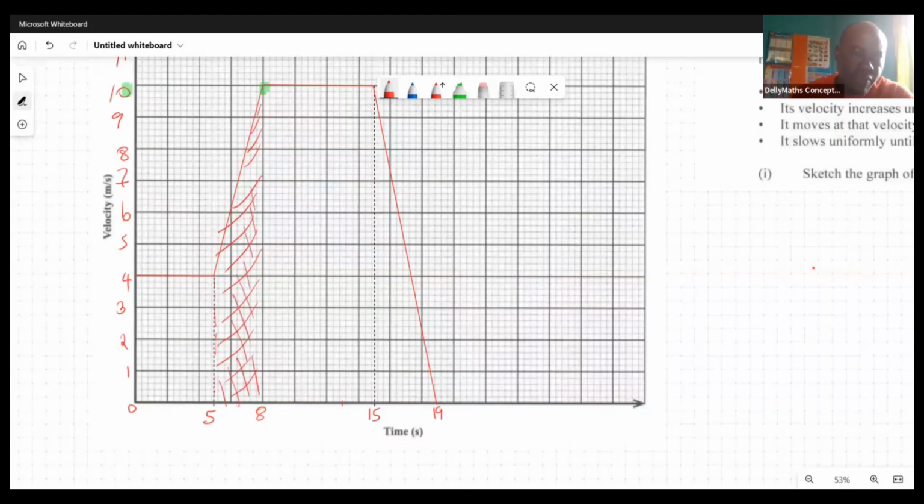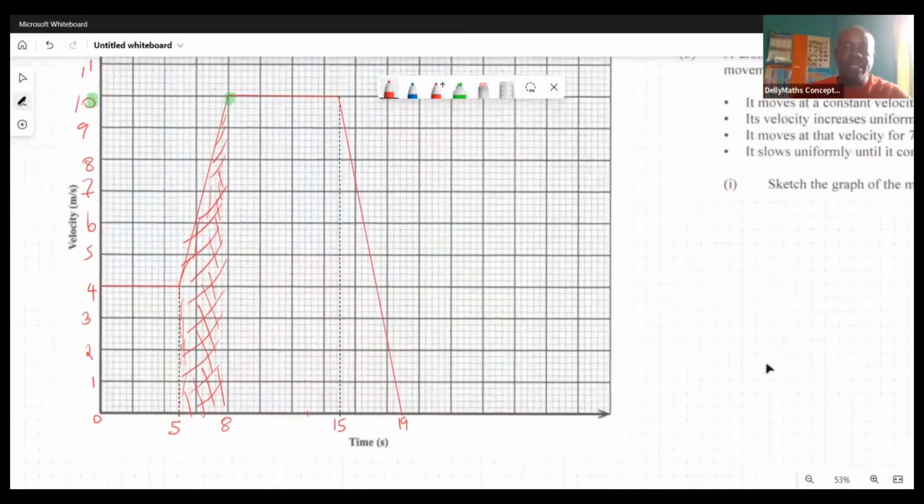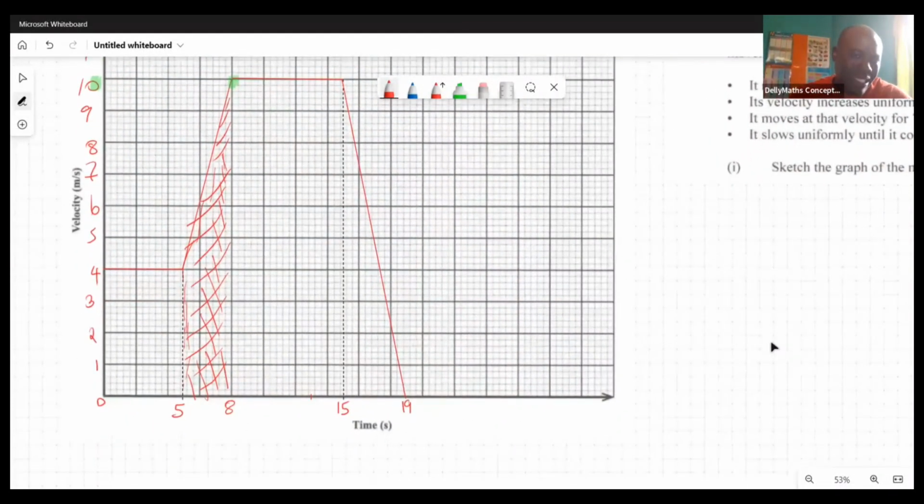And if you look, the distance traveled in a velocity or speed against time, the distance traveled is the area, all right? It's the area covered of that shape that you're seeing under the curve. So we're seeing a trapezium where this side length is 4, the other side length is 10.